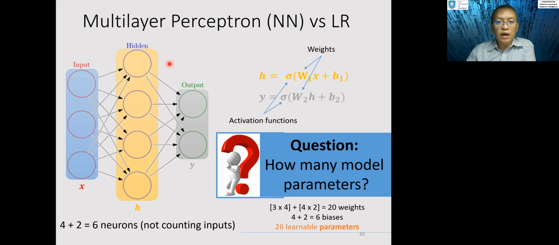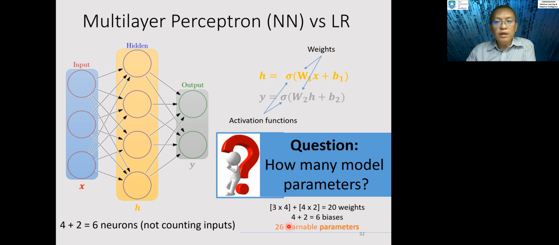And then we look at the second weight matrix, which is W2. We have 4 neurons over here, and there are 2 outputs. So for each of these 4, we need 2 weights, right? So we have 4 times 2 weights. In total, we need 20 weights for the weight matrices.